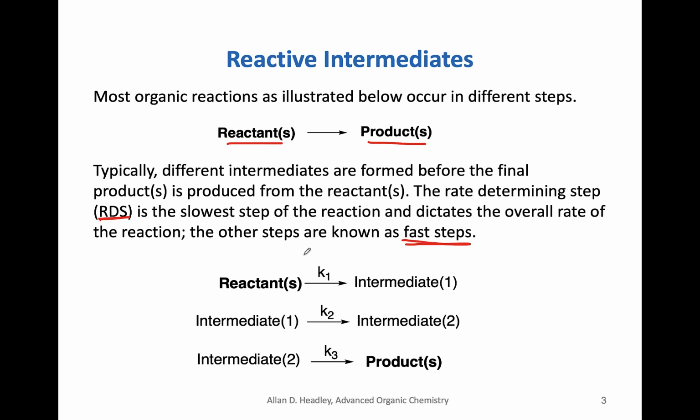So just to recap, a reaction goes from reactant to products. For most reactions in organic chemistry, it occurs in different steps and different intermediates are formed. So here is just an illustration of the intermediates that are formed, 1, 2, before the products are formed, and here are the steps, K1, K2, and K3.